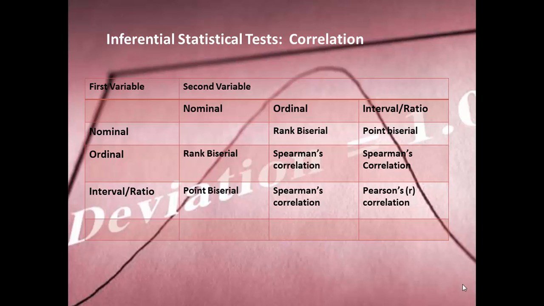It doesn't mean that one causes the other, but let's just say that we have a situation where a hospital has increased reports of hospital-acquired infections, and so we might want to get some variables and see which ones are more highly correlated so we can figure out what the problem is. And this slide has an example here of some of the types of correlational tests that we can use.